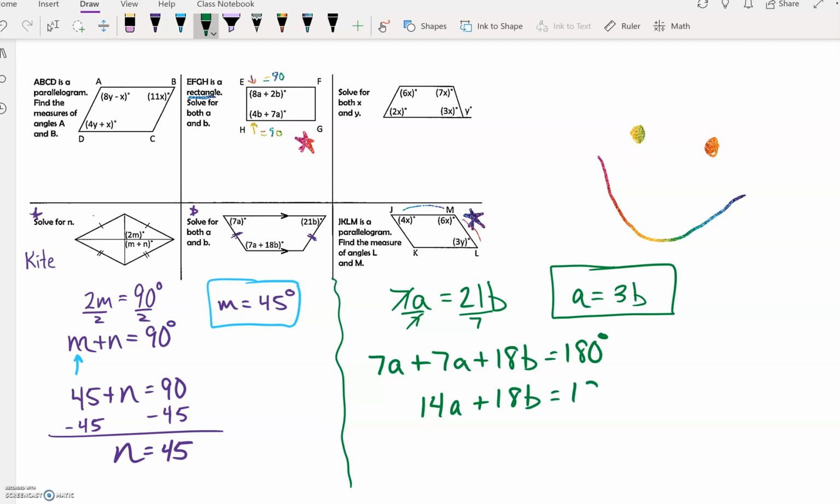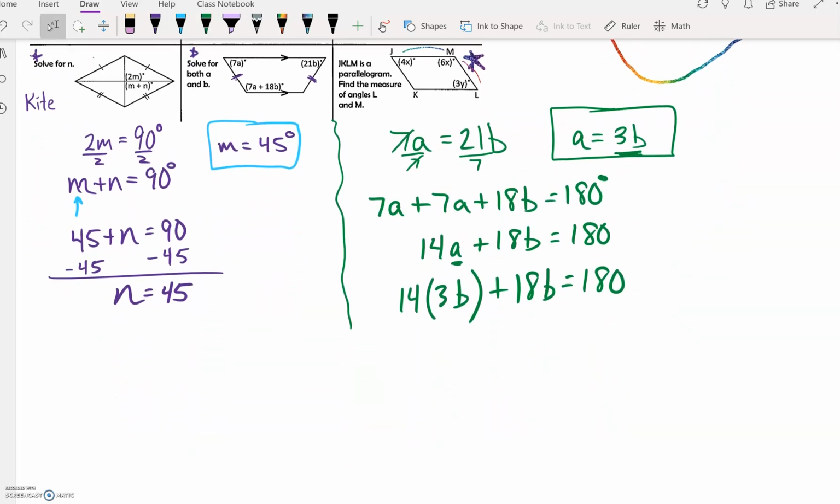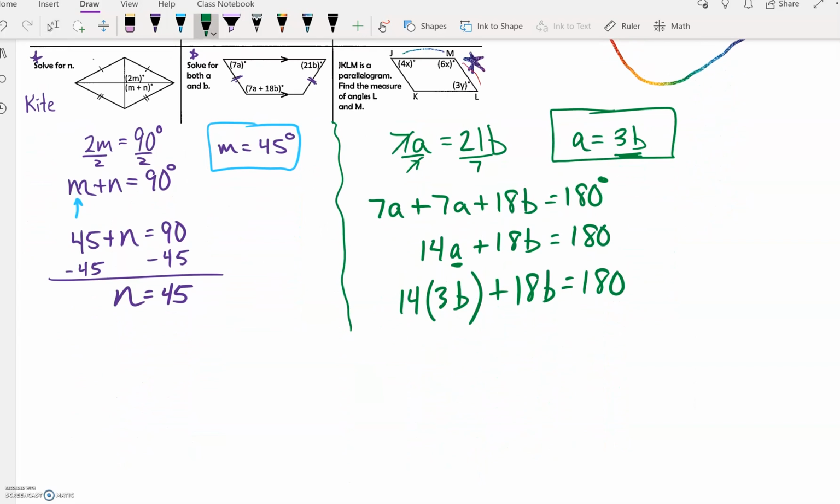Okay. So after I make the substitution of 3b into this value of a right here, I end up with 14 times 3b plus 18b equals 180, and then the rest is just going to be some great algebra as we cruise on down the way here. So 42b plus 18b.